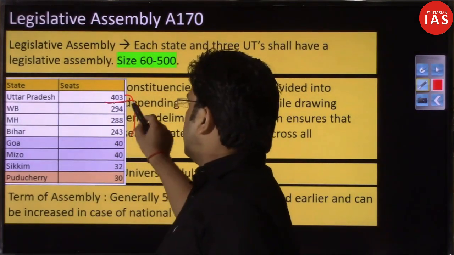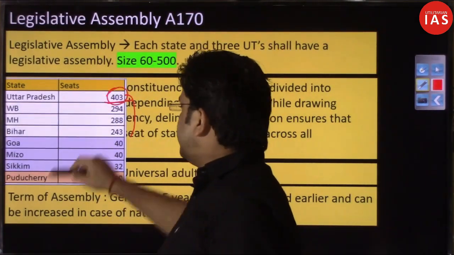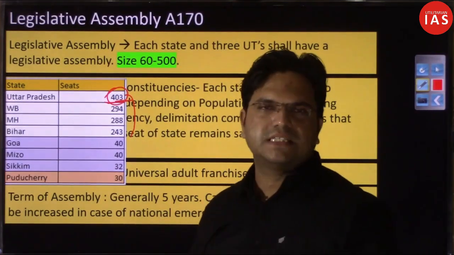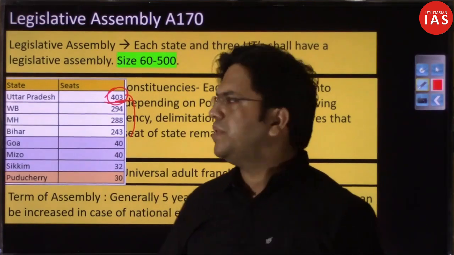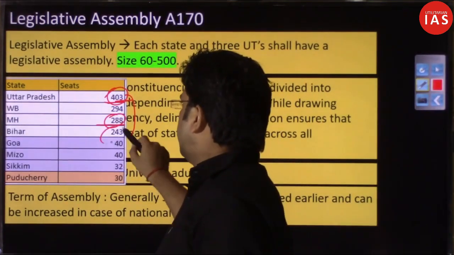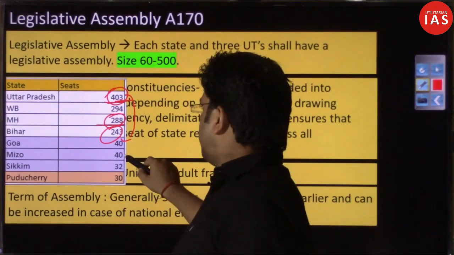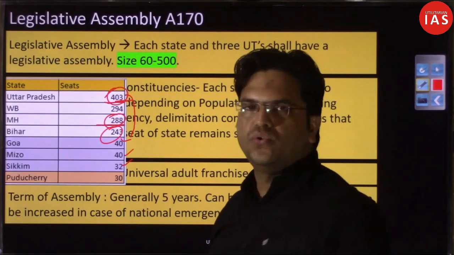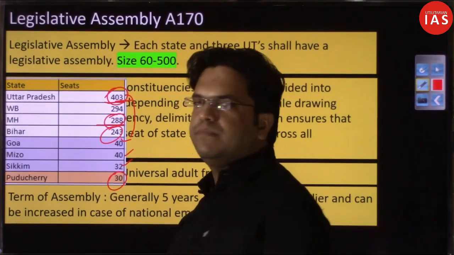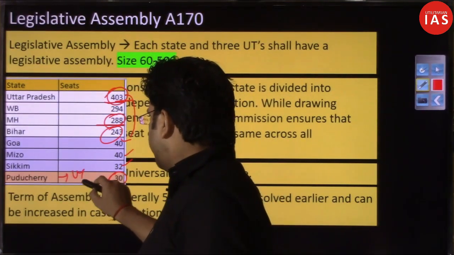UP holds 403 and it is the largest assembly that any Indian state has. Then you have West Bengal, thereafter Bihar, and then Maharashtra with 288, and Bihar 243. These are the 3 smallest states, 40, 40 and 32. Although the smallest number of assembly seats is held by Puducherry, that is not a state, that is a UT with assembly.